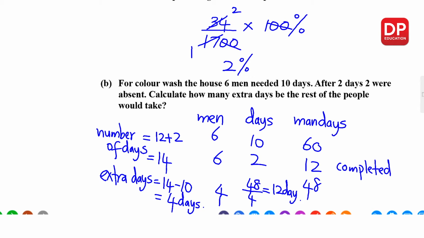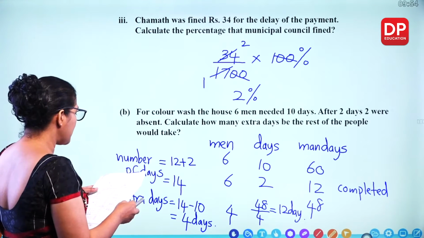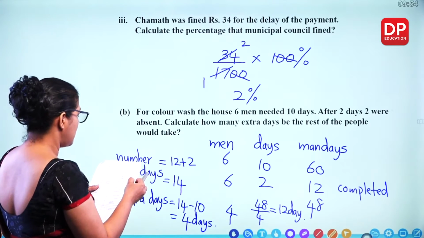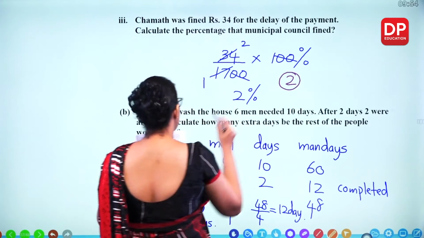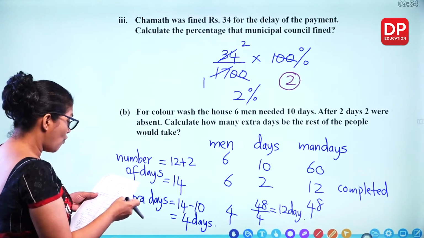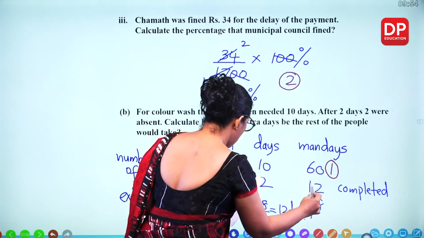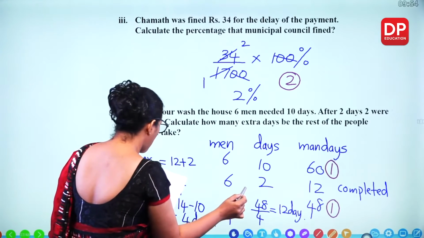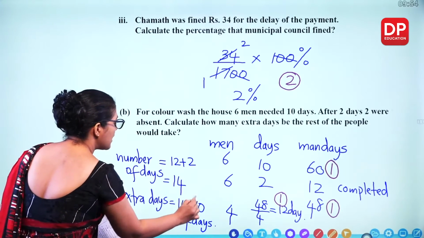So how many marks for these 2 steps? According to the marking scheme, you are getting 2 marks for this part, 2%, and extra 4 days. That's 4 marks. Calculating man days here, 1 mark. 48, 1 mark. And then calculating 12 days, 1 mark, and extra days, 1 mark.